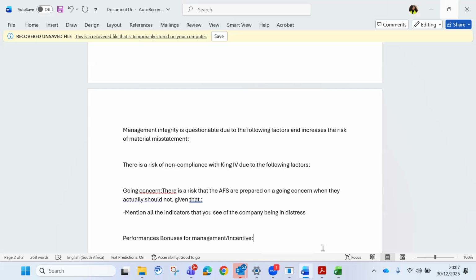So you have to say that management have the incentive. Now it's not an opportunity, it's an incentive to say, I will get rewarded if I do this. There's something that's driving you to do this. Management have the incentive to fraudulently manipulate the AFS to receive, you can say, whether it's profits or whatever it is that they have to receive.